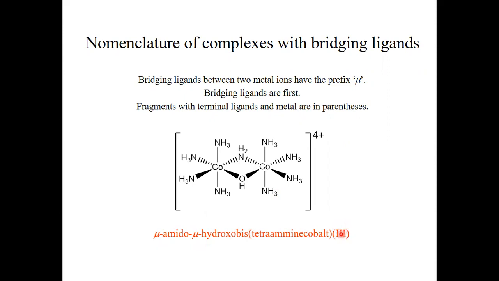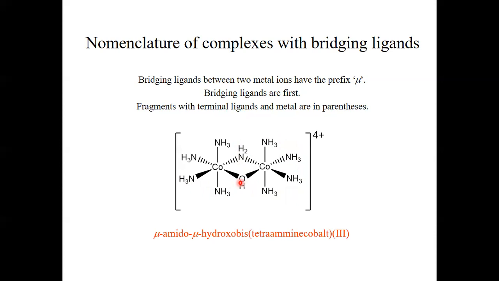Why is it +3? You see that this complex cation has 4+ charge. We have these neutral amine ligands here, and these anionic amido and hydroxyl ligands respectively. So they have both 1- charge each. So therefore, we have to think about what we have to add to -2 to arrive at 4+. So -2 + 6 gives +4.